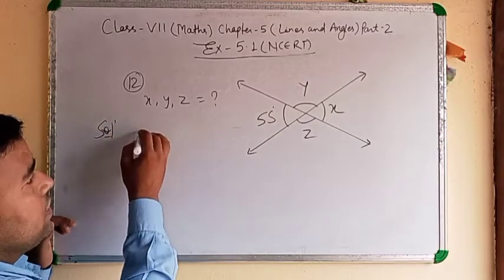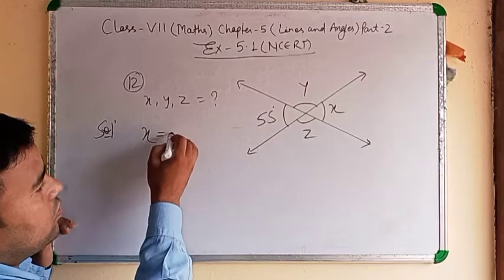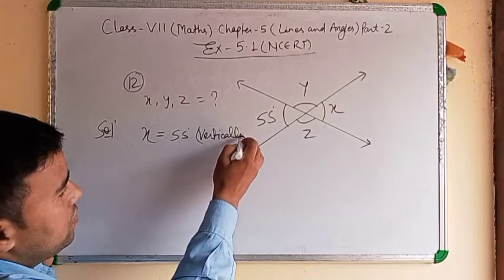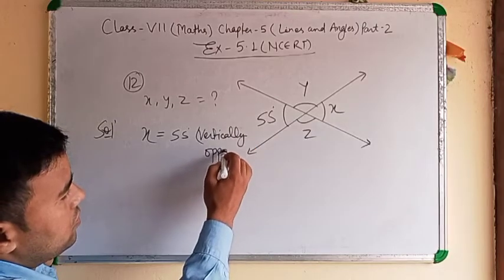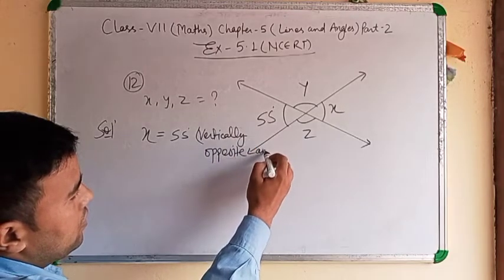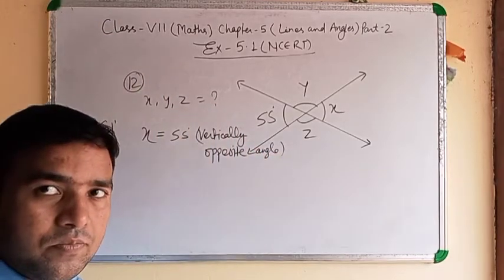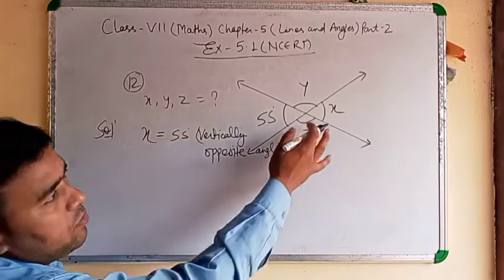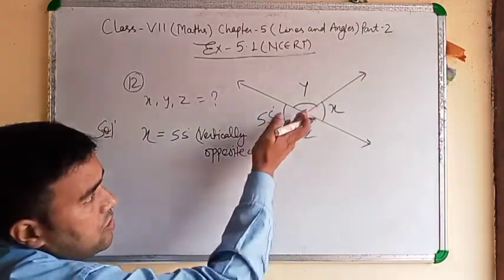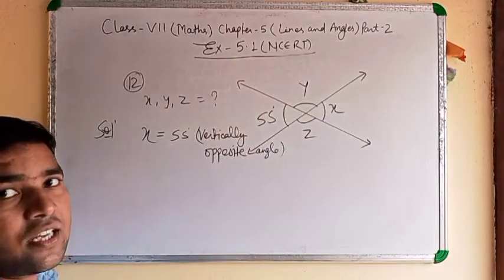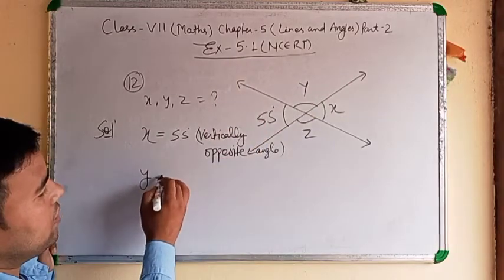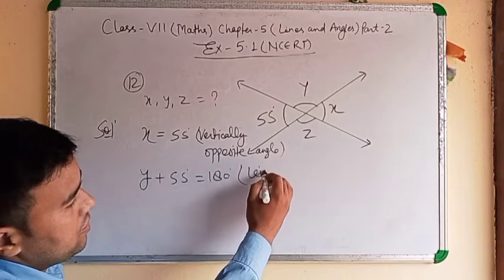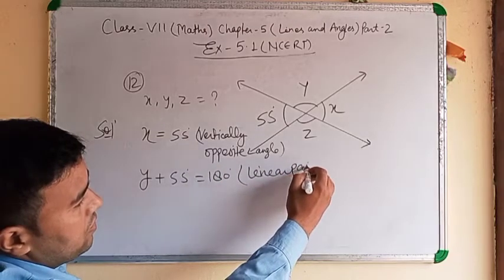Solution: x equal to 55 degrees, because of vertically opposite angles. Clear? After that, find the value of y. If you see this line, it is a linear pair, which means angle y plus 55 equal to 180 degrees by linear pair.